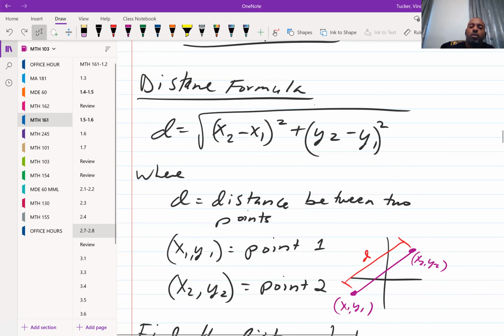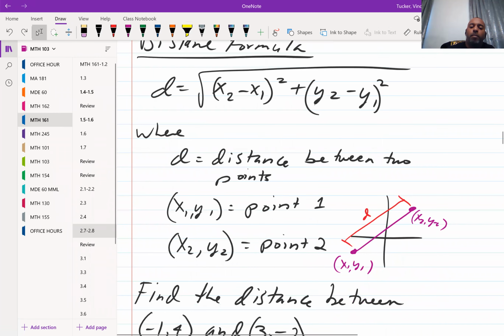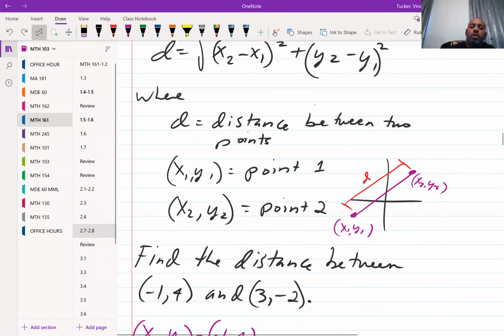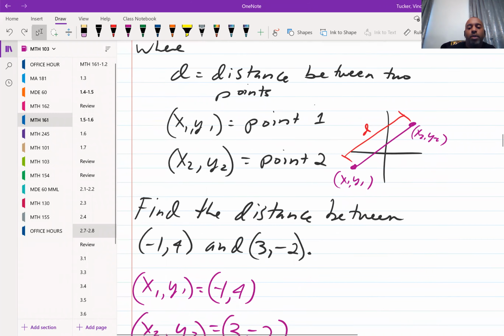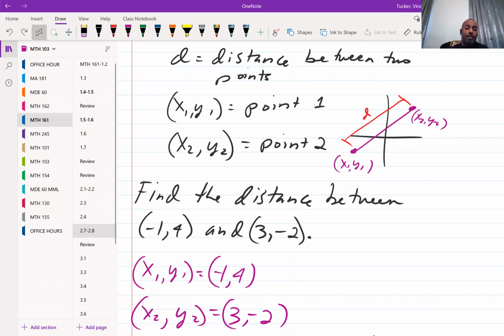All right, showing up. So they could ask us to find the distance between the points -1, 4 and 3, -2. Whenever you're given 2 points, always good to go ahead and establish which one you call a point 1, which one you call a point 2.